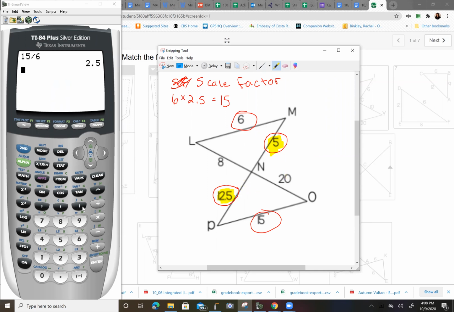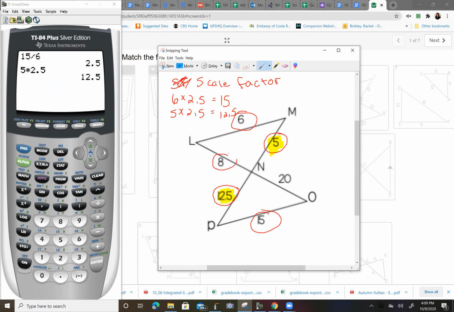So my question is, is 5 times 2.5 12.5? So I'm going to use my calculator. And yes, it's true. So I'm going to write here that 5 times 2.5 equals 12.5.